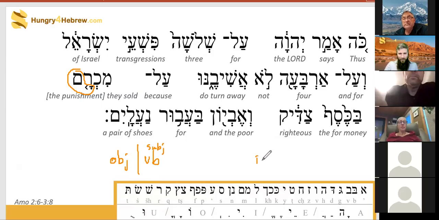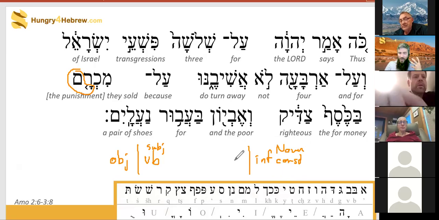But if we have an infinitive construct with a pronominal suffix, is that the object? It's a noun, isn't it? Right. Infinitive construct is a noun. Very good. So the pronominal suffix on a noun shows possession, ownership.